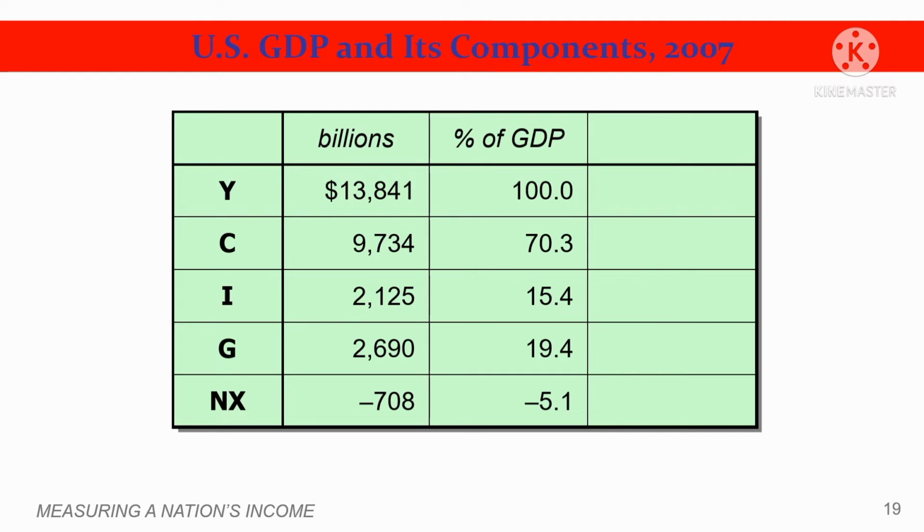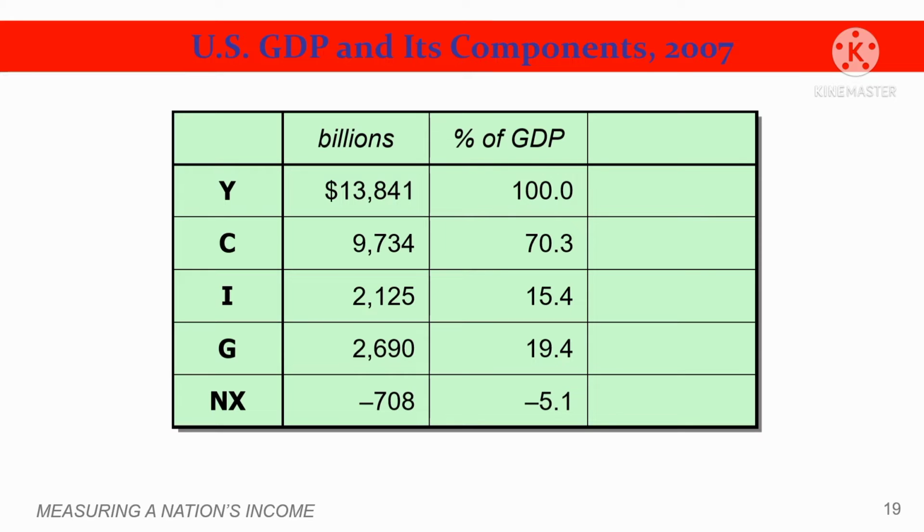So next column, we have percent of GDP. So using this information, we can say that consumption expenditure constitutes 70.3% of the total GDP ng US. And then investment constitutes around 15% of the GDP of the US.